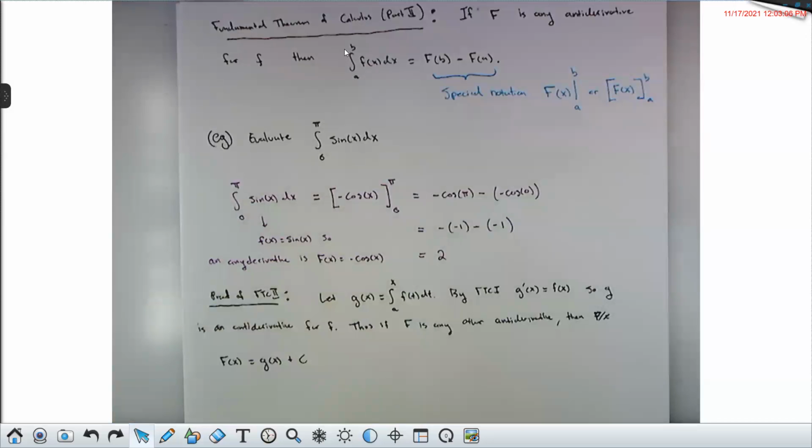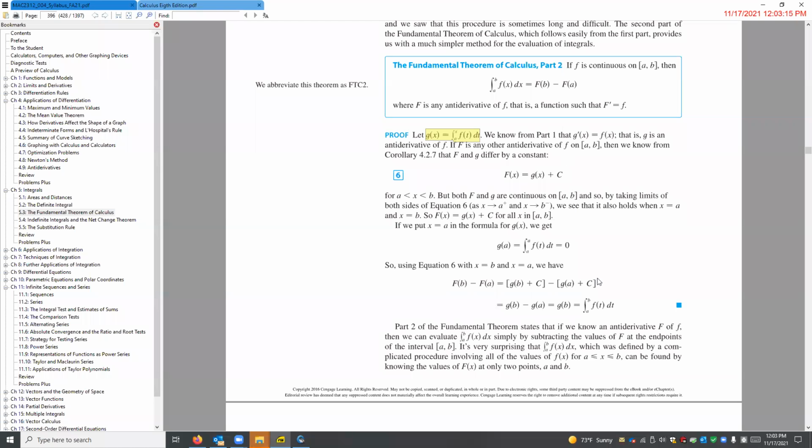My aim here is to show that the integral from a to b is big F of b minus big F of a. They're going to show that this constant isn't really relevant.